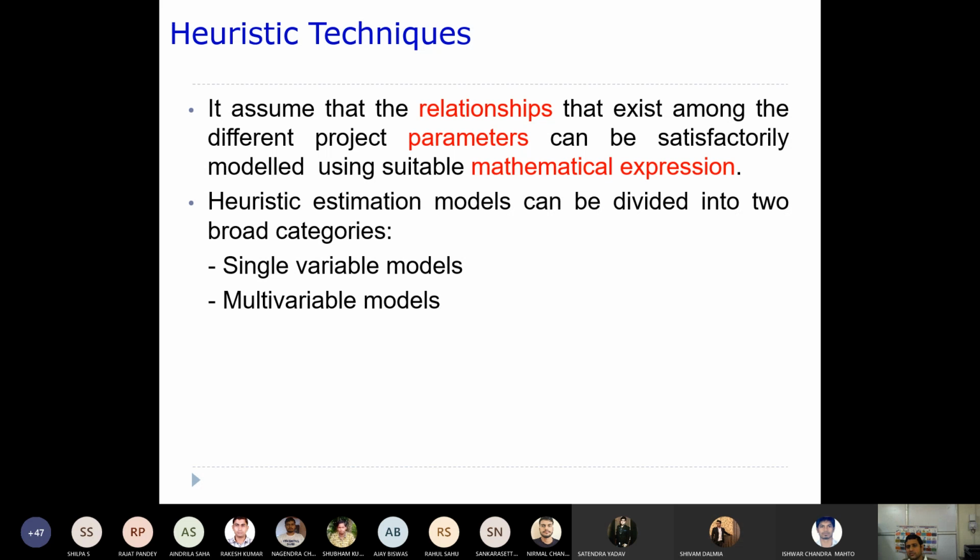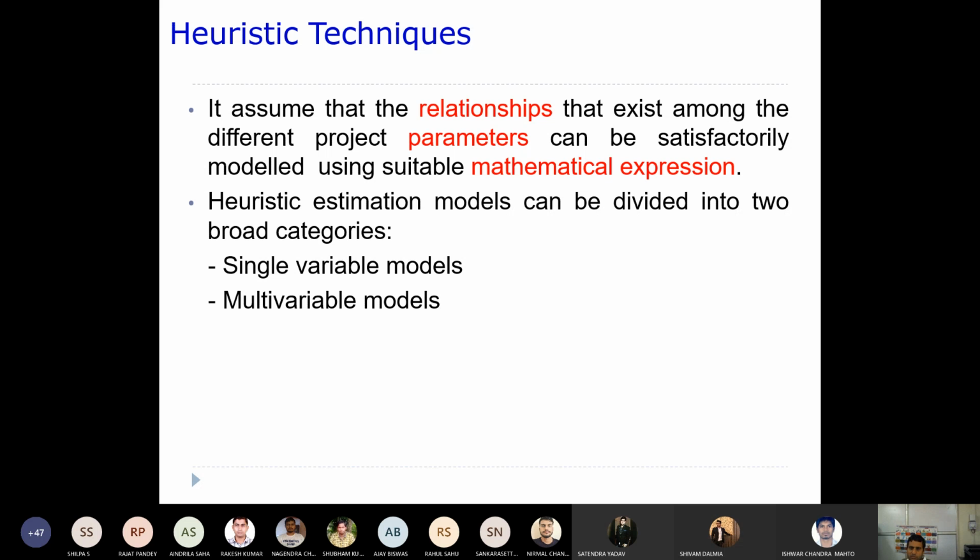Now if they have some relationships, then we can usually model them using some mathematical expressions, right? So you can think of some sort of regression, and you can find how one parameter can affect the other parameter. Okay, so this sort of thing.